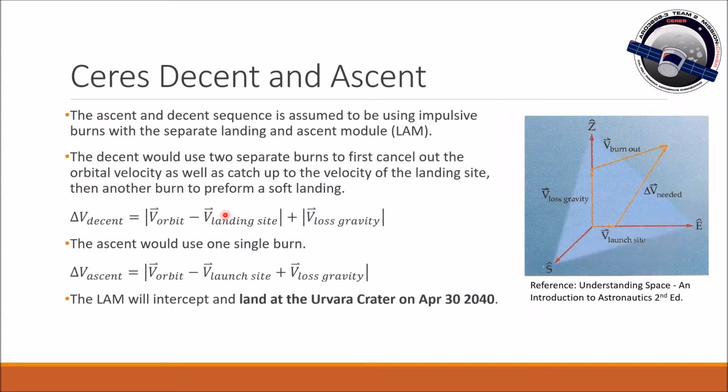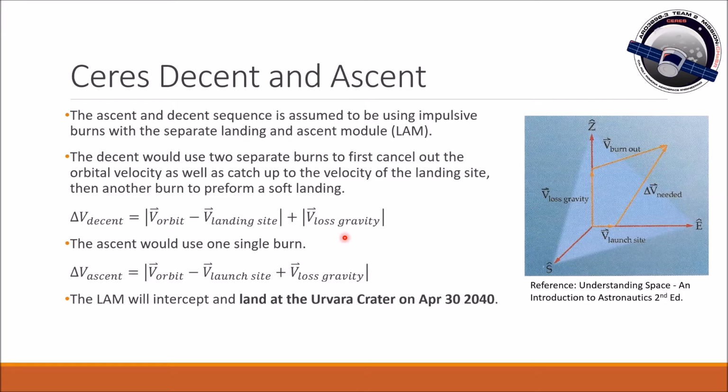For the Ceres descent and ascent, the delta V calculations are basically the summation of the different velocity components, which are the orbital velocity of the orbiting spacecraft, the landing site velocity due to Ceres rotation, and the gravity loss velocity component.